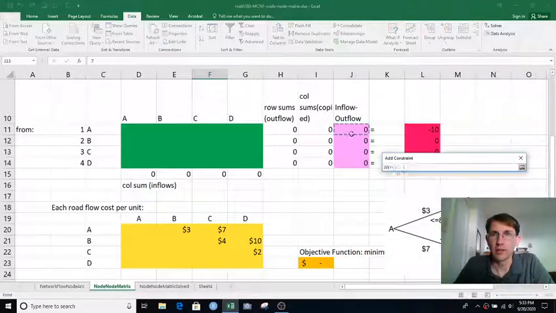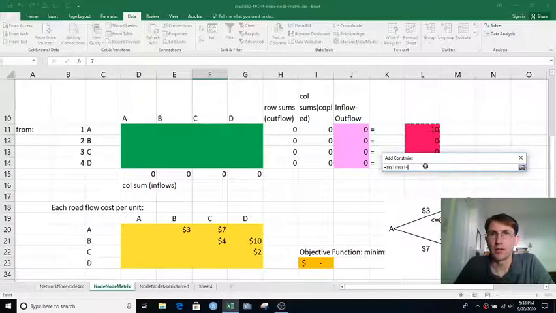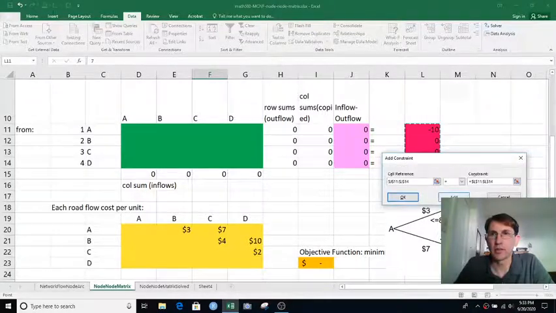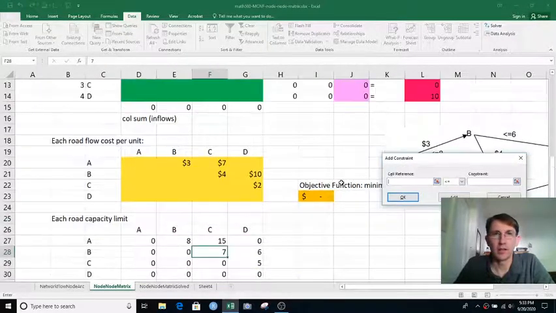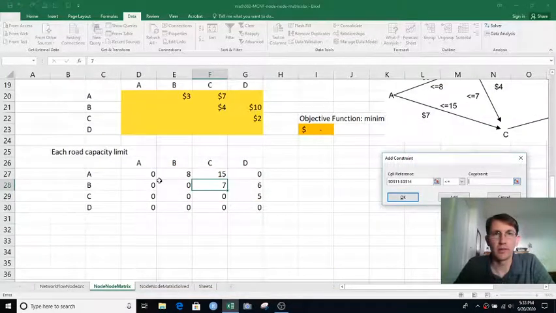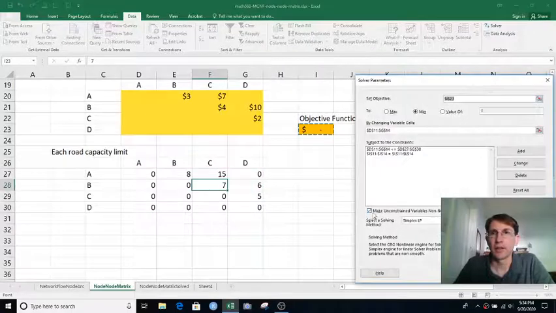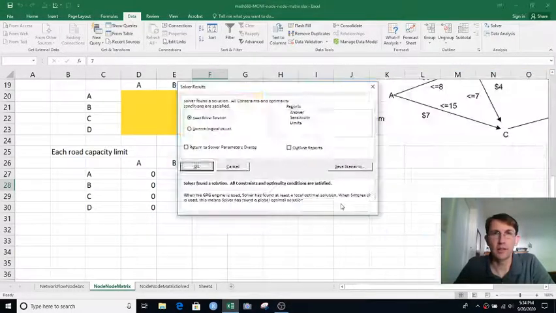So then I want to say my inflow minus outflow has to be equal to those source sink amounts. And my decision variables have to be less than or equal to the road capacities, and that's where I'm shutting down roads that don't really exist. And I think that's good. Simplex LP, non-negativity, let solve.